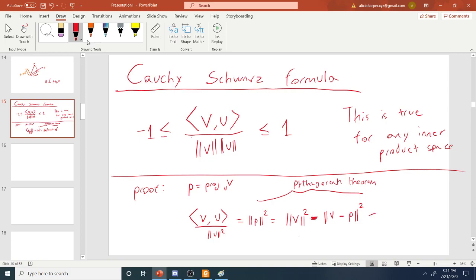Now, this right here is less than or equal to the norm of v squared.